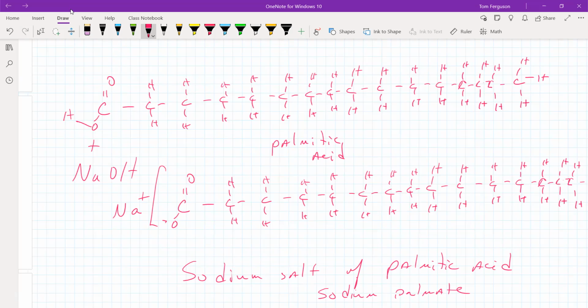When you make a vinaigrette, you can add a part of an egg yolk there that'll keep the oil and the water totally mixed. And it all has to do with this polarity stuff.